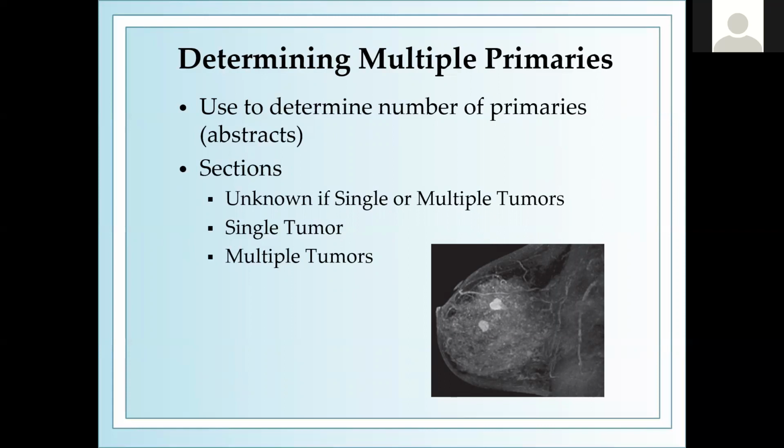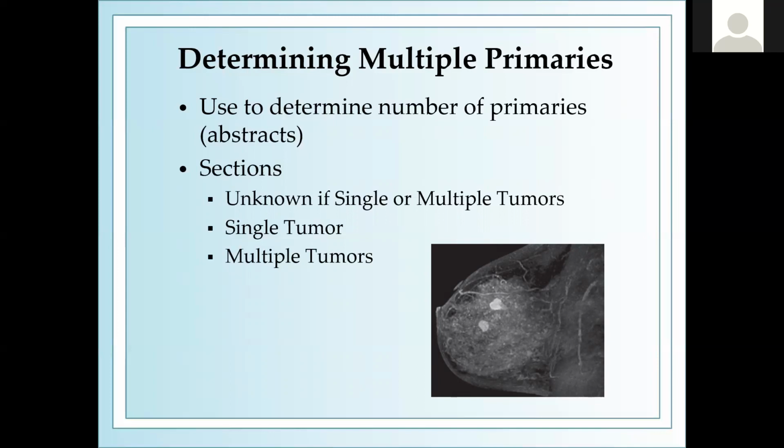The first section is unknown if single or multiple tumors. In other words, you do not know if the patient has one tumor or multiple tumors in their primary site. If you have the pathology report, you should know this information. This section should be used very, very seldom.